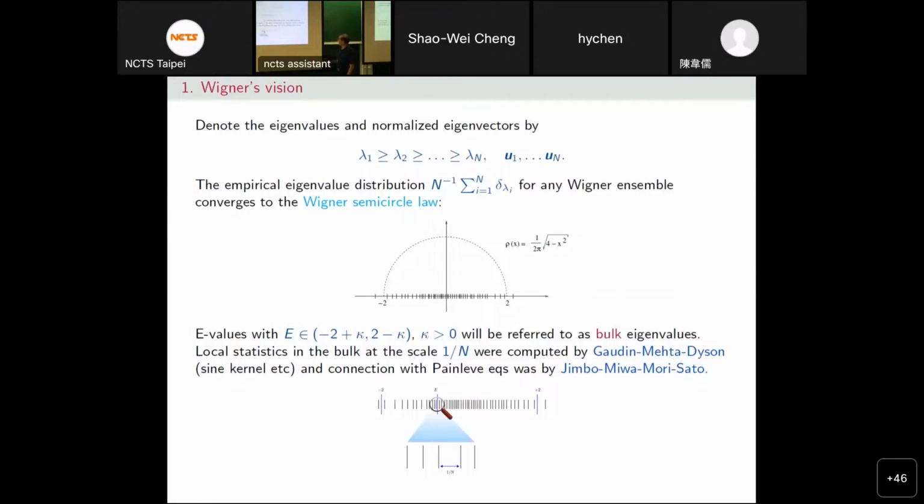The density is a much easier question than the gap. The gap statistics are much harder. This was computed by the famous Japanese group of Jimbo, Miwa, and Mori, Sato. It was first computed by Gaudin and Mehta, and then connected to the Painlevé equation by Jimbo, Miwa, Mori, and Sato.